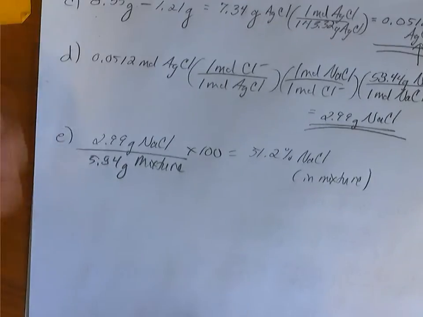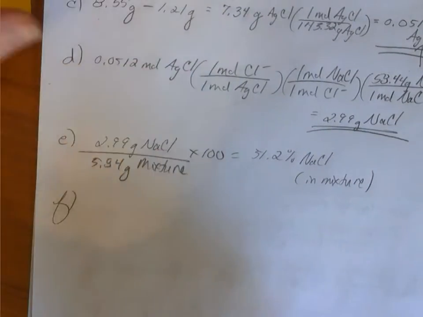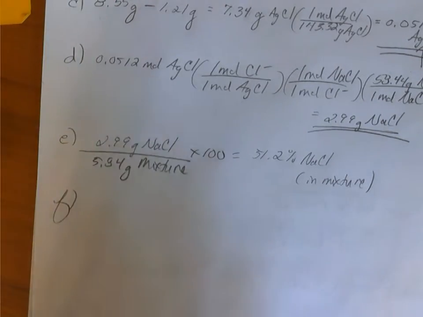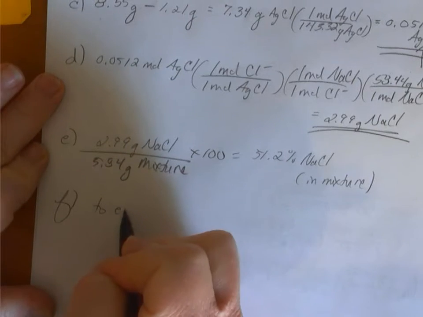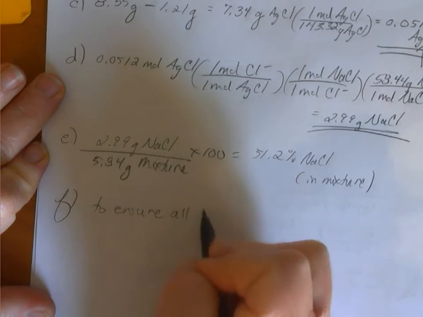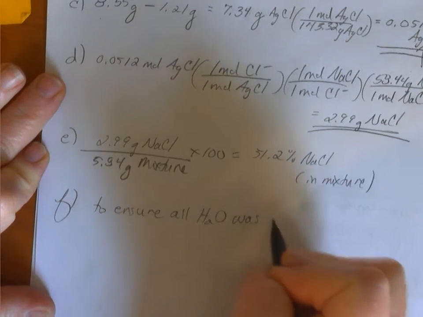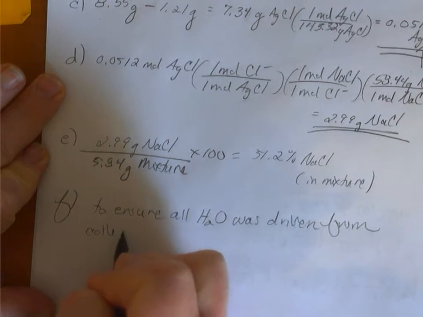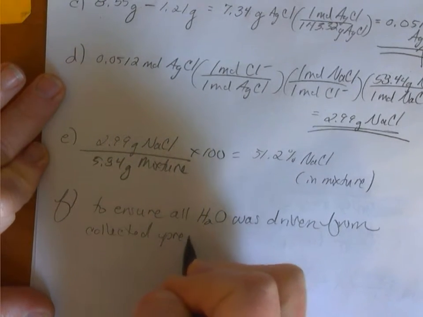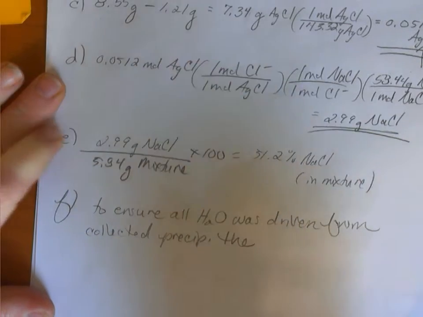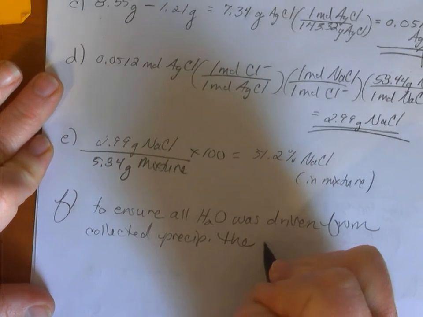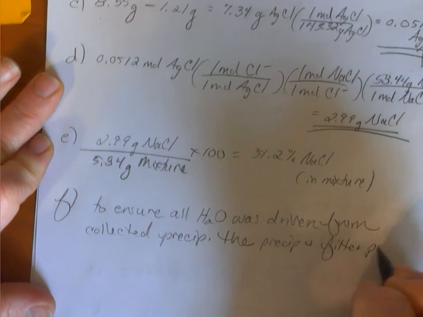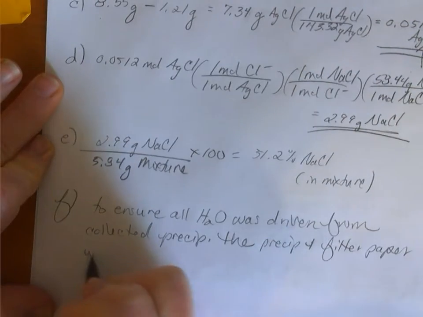Okay, part F. So, why did the student dry and mass the precipitate 4 times? So, to ensure all water was driven from collected precipitate, the precipitate and filter paper were heated to constant mass.